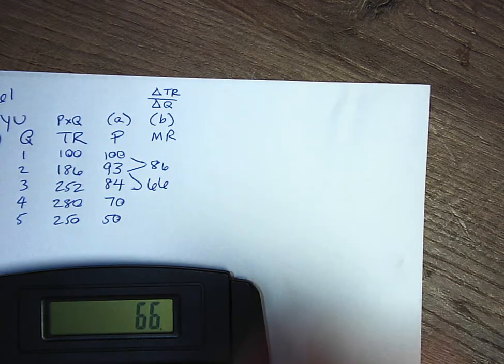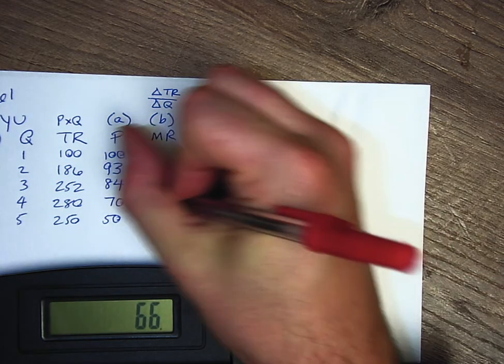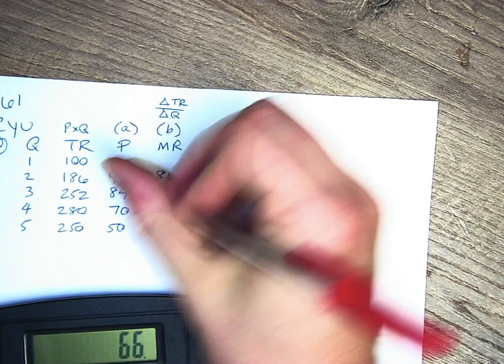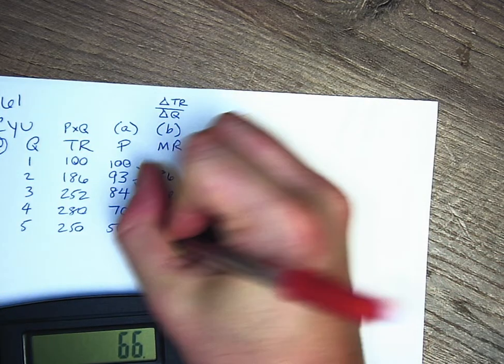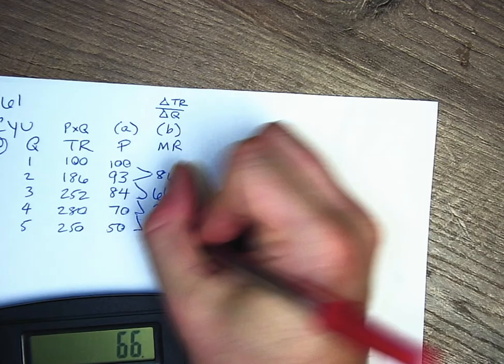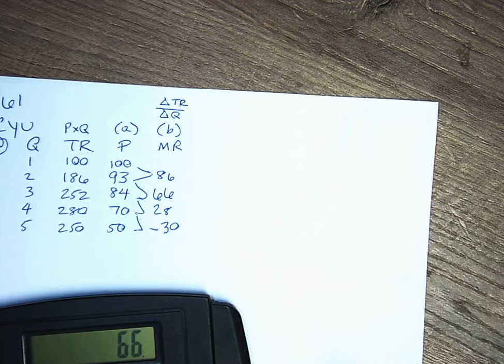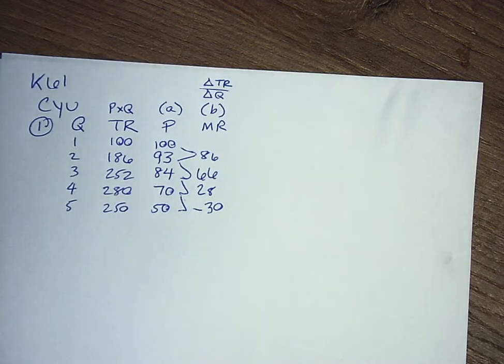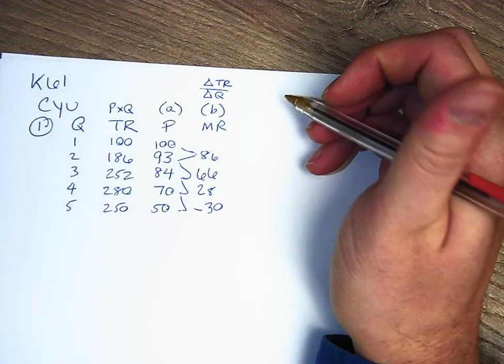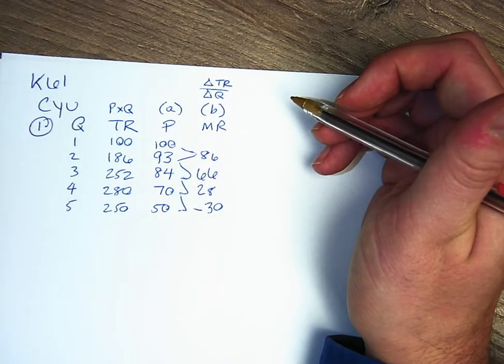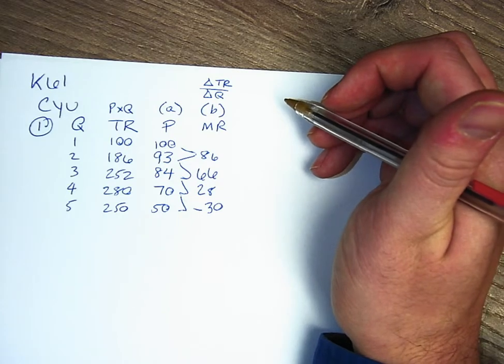And then 252 to 280 is 28. And then 280 to 250 is actually negative 30. Negative 30.